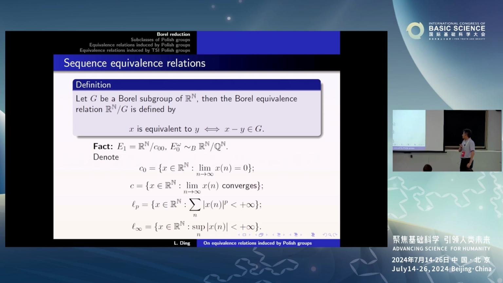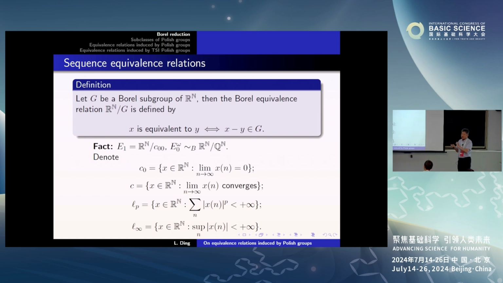And we can consider some G which is some Banach space. Here, c0, c, lp, l infinity. In functional analysis, c0 and c are isomorphic.